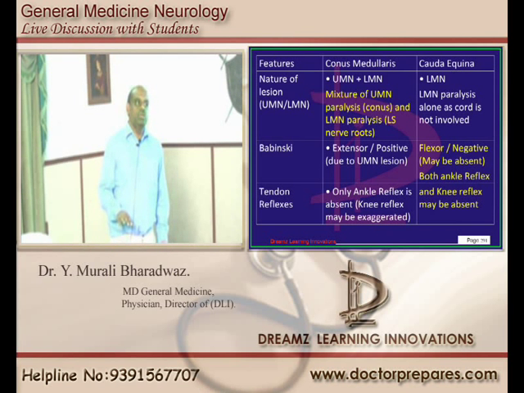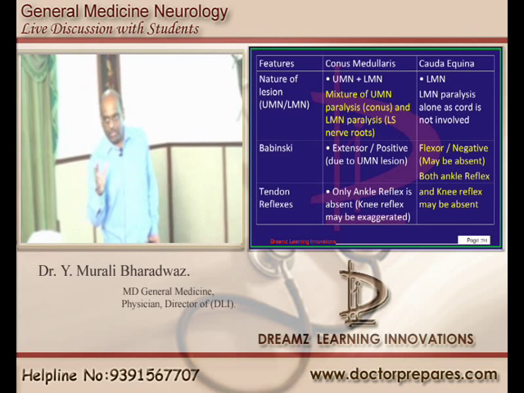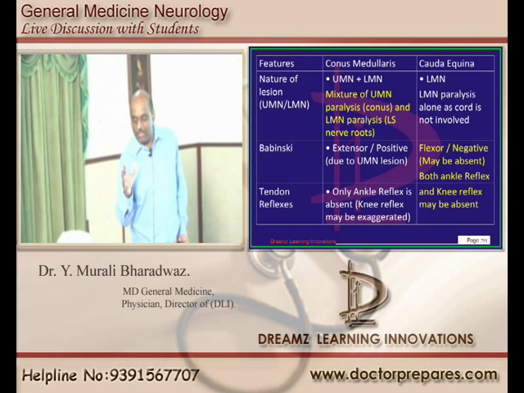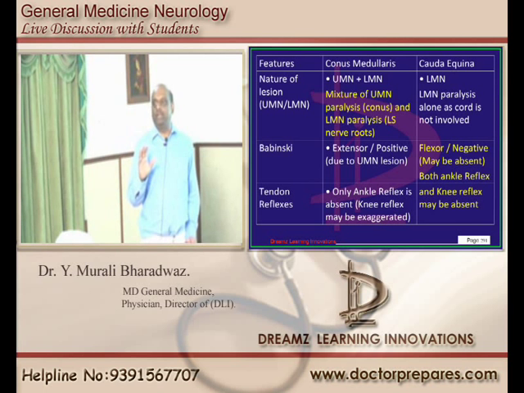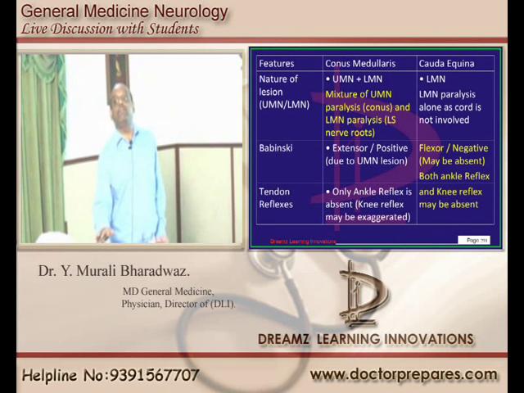Those anterior horn cells are not in the conus area, and those radicals are also not involved in conus, but they are involved in cauda equina. Hence in cauda equina you have both knee and ankle areflexia, but in the conus only the ankle will show areflexia, because conus involves not only the cord but also the sacral fibers of S1.